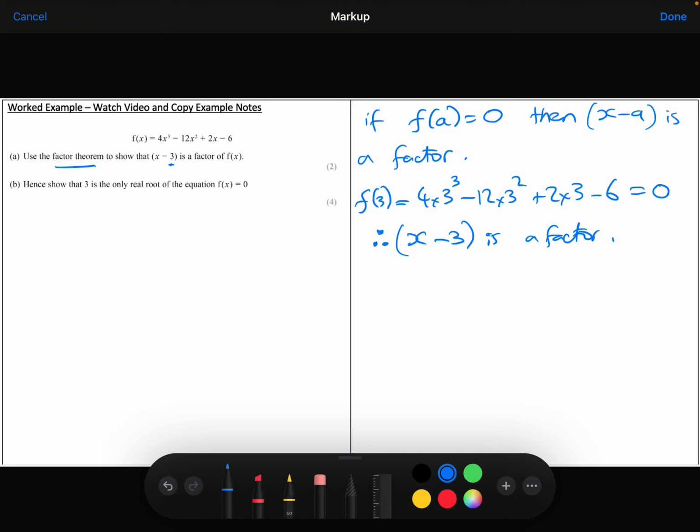Right, moving on to part B. Hence show that 3 is the only real root of the equation f of x equals 0. So what I want to do here is to completely factorise f of x and then show that 3 is the only solution to this.